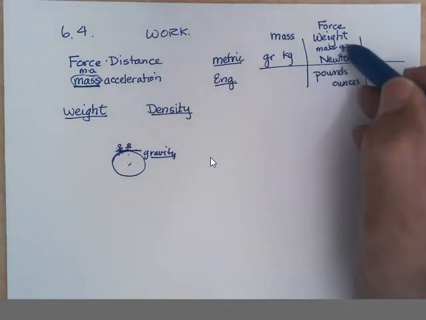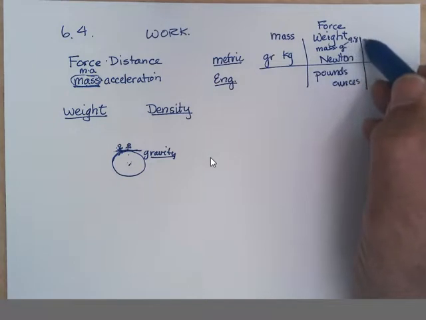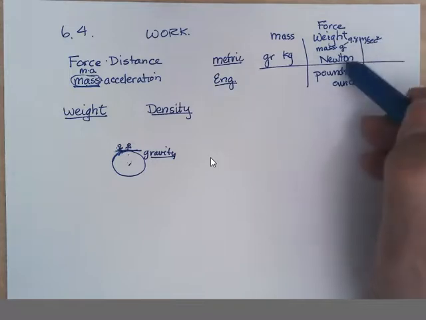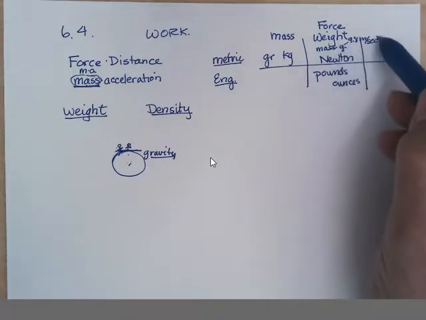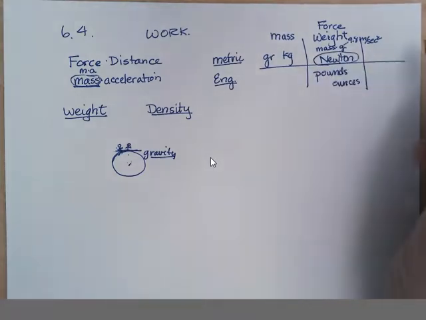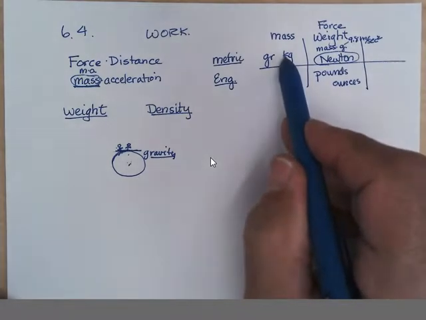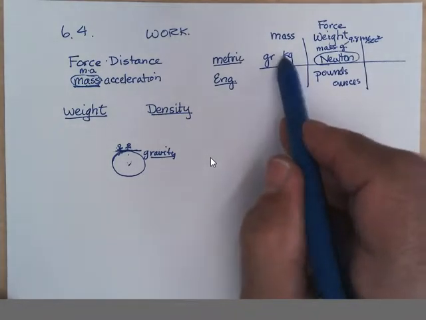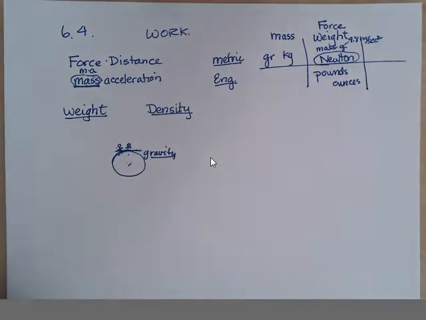And gravity in the metric system is 9.8 meters per second squared. So a Newton is a kilogram meter per second squared. But that's how weight should be measured in the metric system, not by mass, not by kilograms, which the scales often tell you.